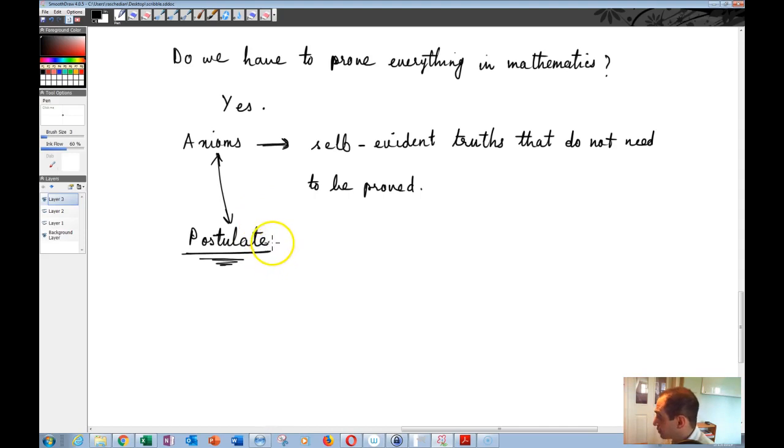Now, for example, Euclid has some axioms and some postulates.